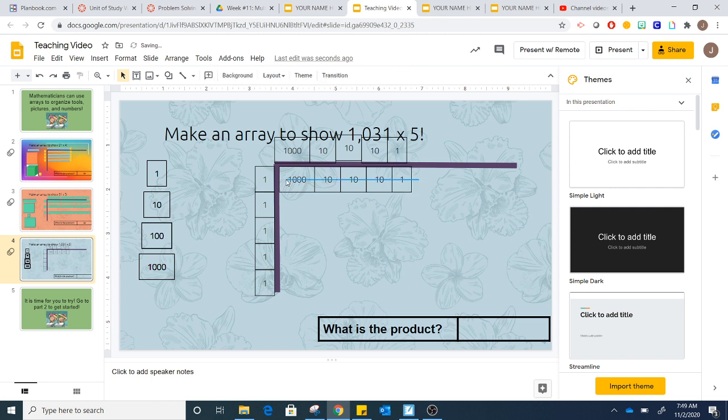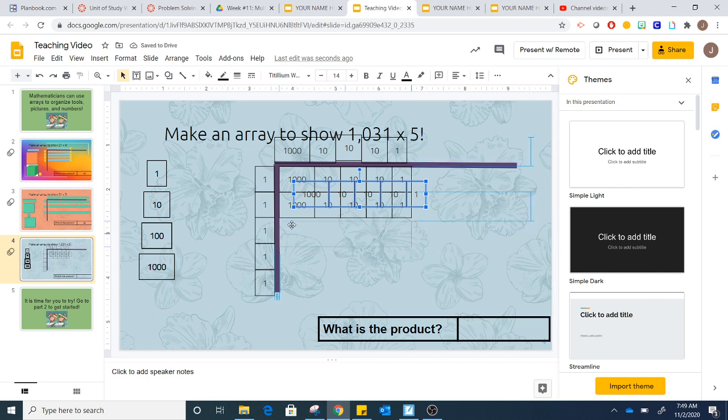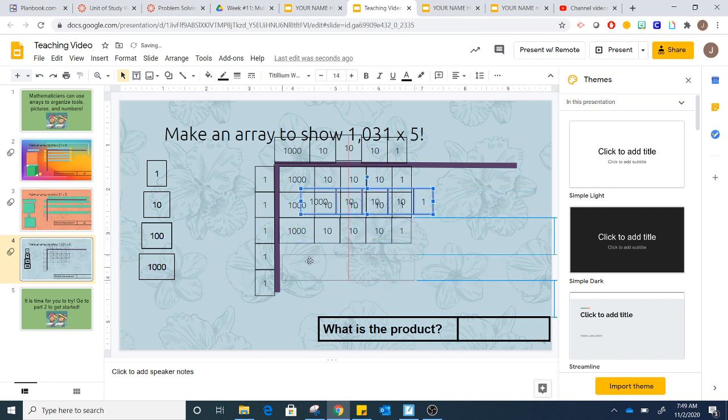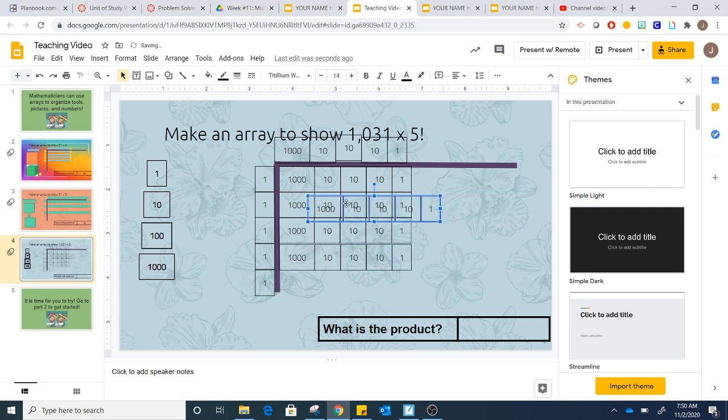So I'm just going to make another row just like that. And another. And another. And another. So now I'm going to add up everything inside the array.